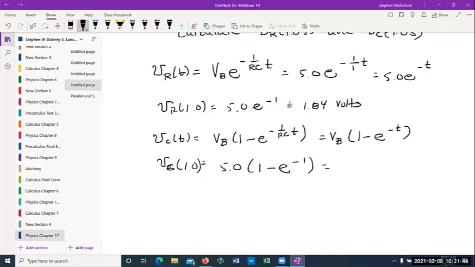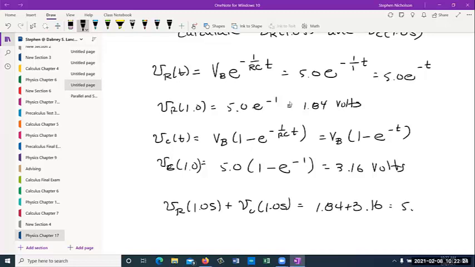You can even get the answer as 5 minus 1.84, but we'll plug it into our calculator anyway, just to show it is true. So we take 5 times 1 minus e to the minus 1 power, and we get 3.16 volts. If you take the voltage across the resistor at 1 second plus the voltage across the capacitor at 1 second, you'll get 1.84 plus 3.16, which equals 5.0 volts.